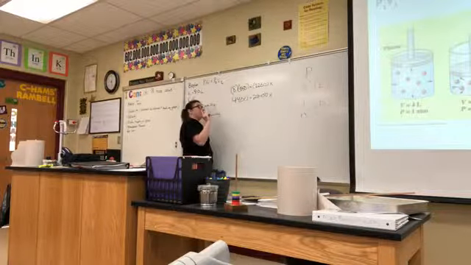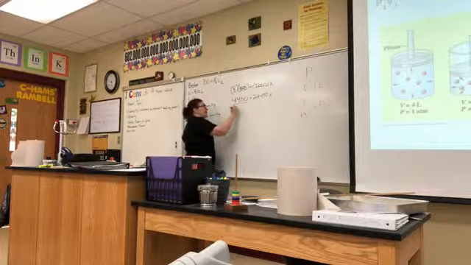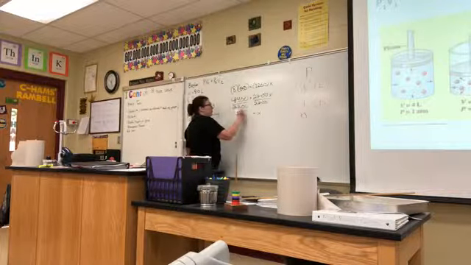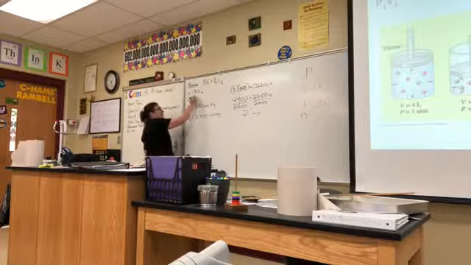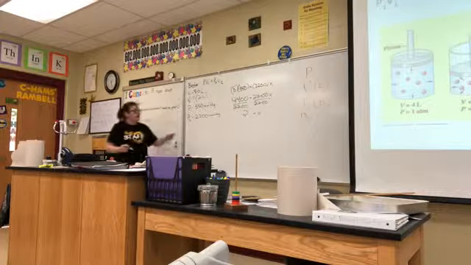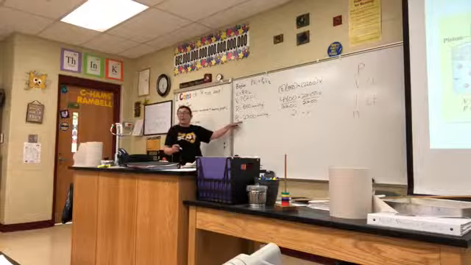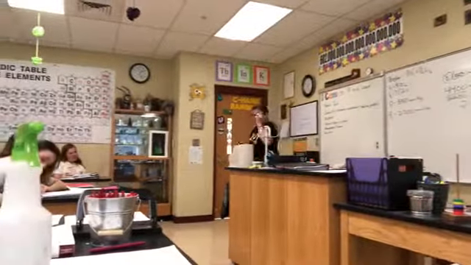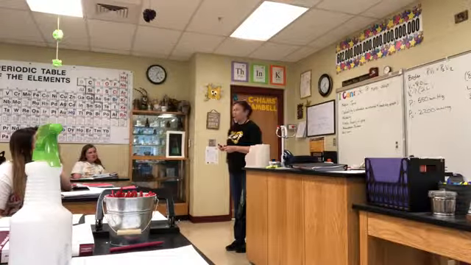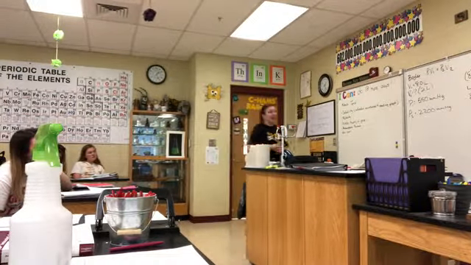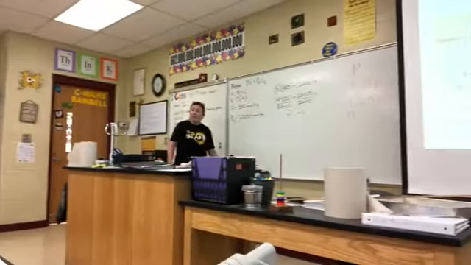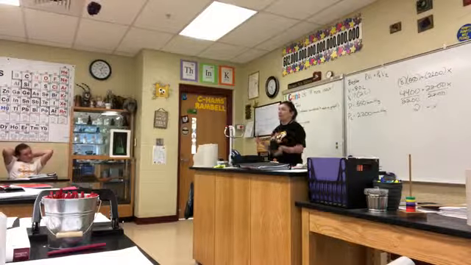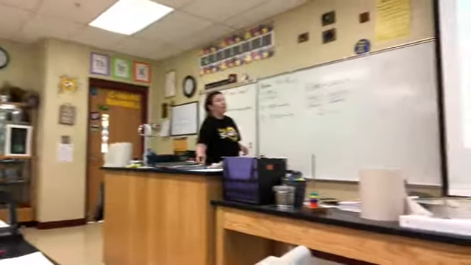Then I divide by 2200. So x equals 2. So it did go down. When the pressure increased by a factor of 4, the volume decreased by a factor of 4. Does that make sense? Yes? So you can kind of predict what's going to happen. You may not have numbers, but you can predict and say, okay, if I do this, this is what's going to happen with it. Okay?